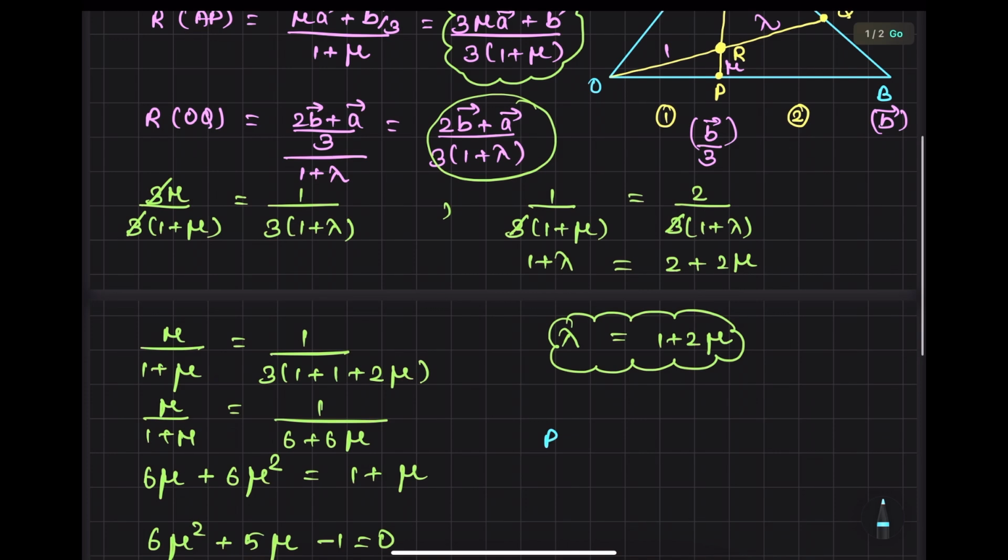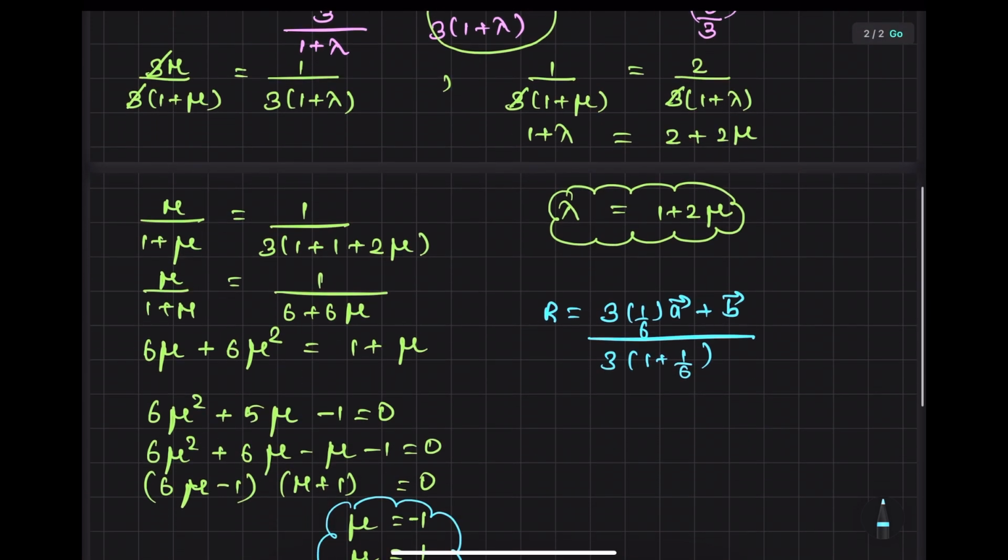So R vector will be (3 times 1 by 6 vector A plus vector B) upon 3 times (1 plus 1 by 6). Do the simplification. We multiply numerator and denominator by 6. So it is 3 times vector A plus 6 times vector B, upon 18 plus 3.